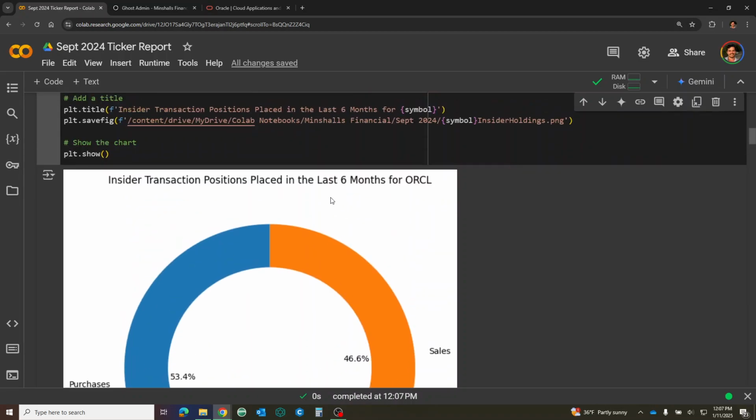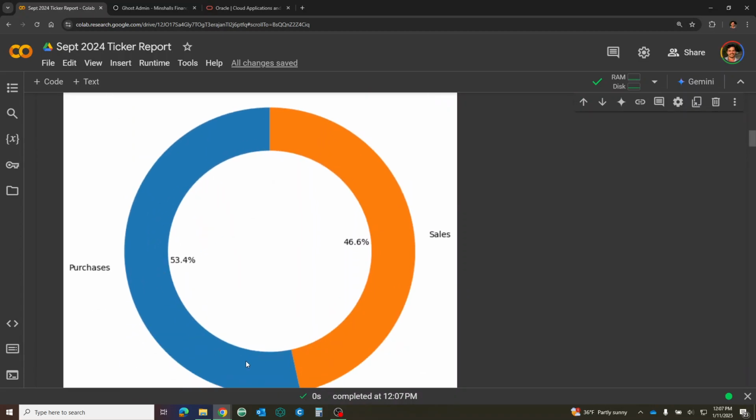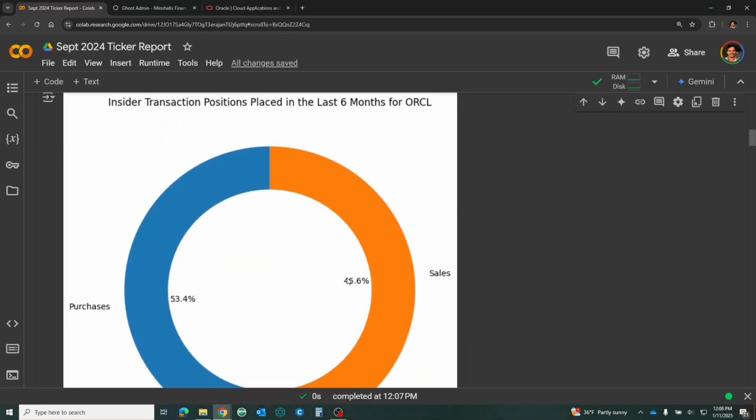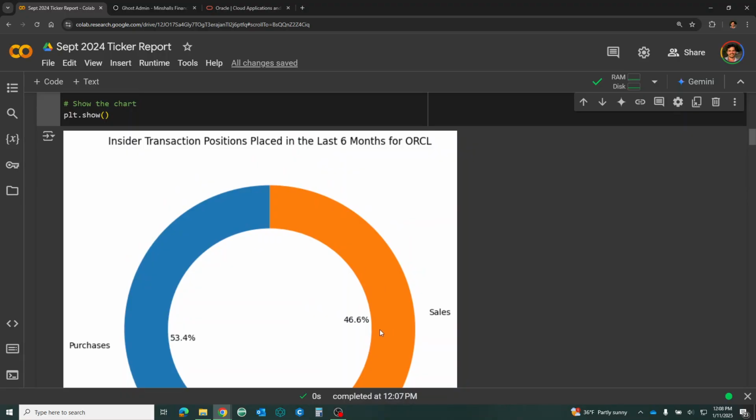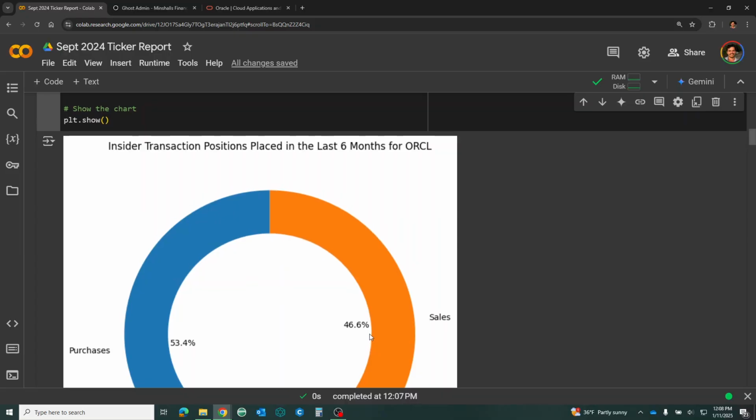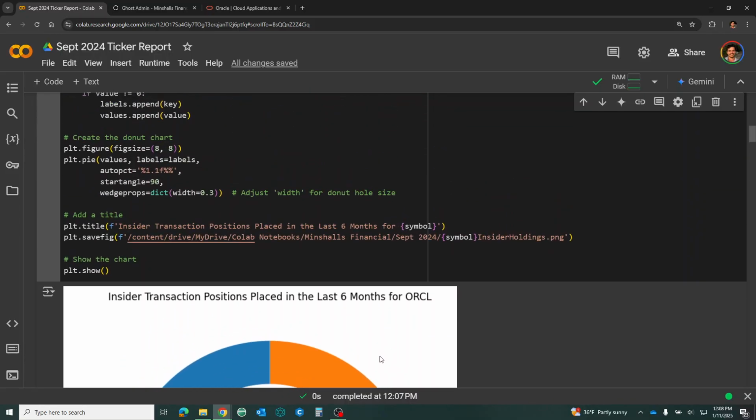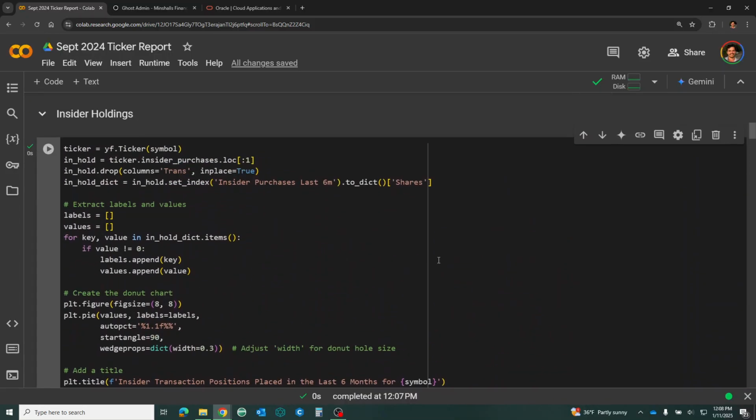In the last 6 months, there have been more purchases by insiders than sales. This doesn't count how many shares are being purchased. This just counts how many times they've put in a purchase order or a sales order in the last 6 months. But you could also get that information through Yahoo Finance, by calling the insider purchases part.